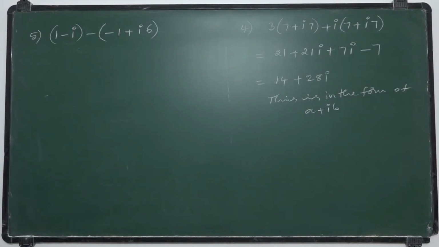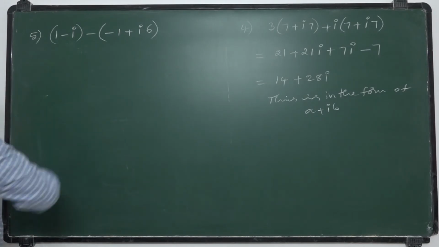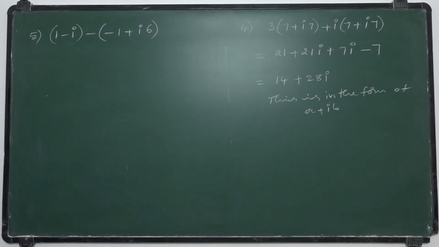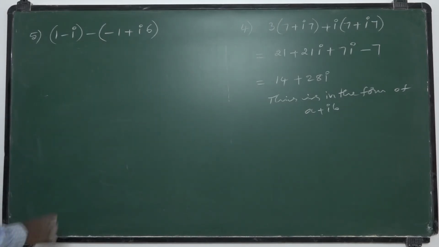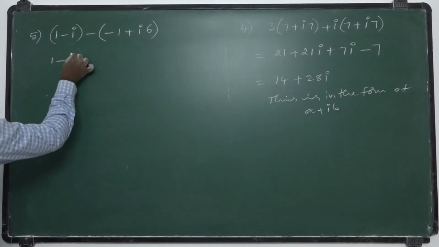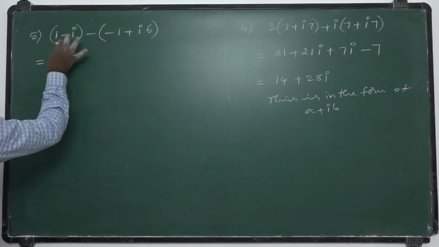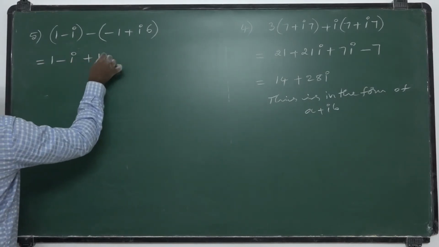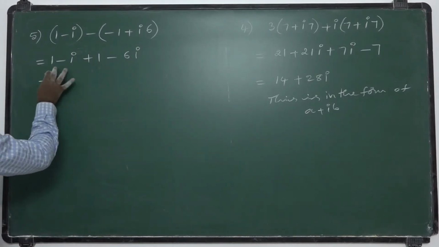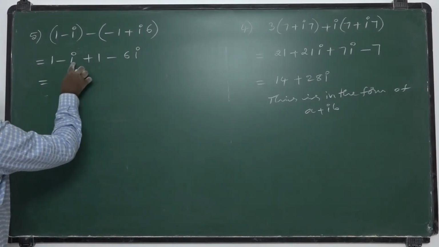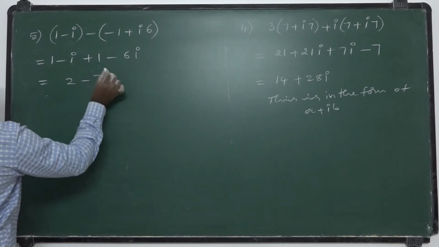So now we can express this expression in the form of a plus ib. First multiplying with a minus sign, 1 minus i, this will be equal to 1 minus i plus 1 minus 6i. So 1 plus 1, 2, minus i minus 6i will be equal to minus 7i.